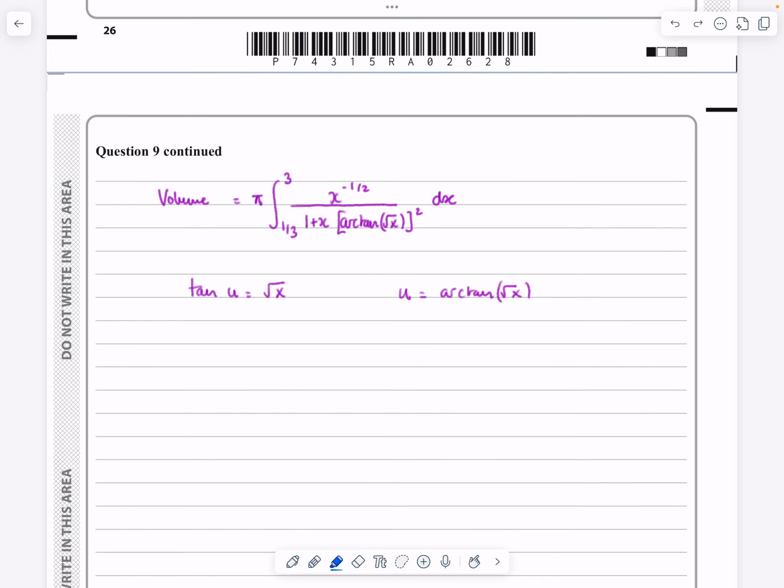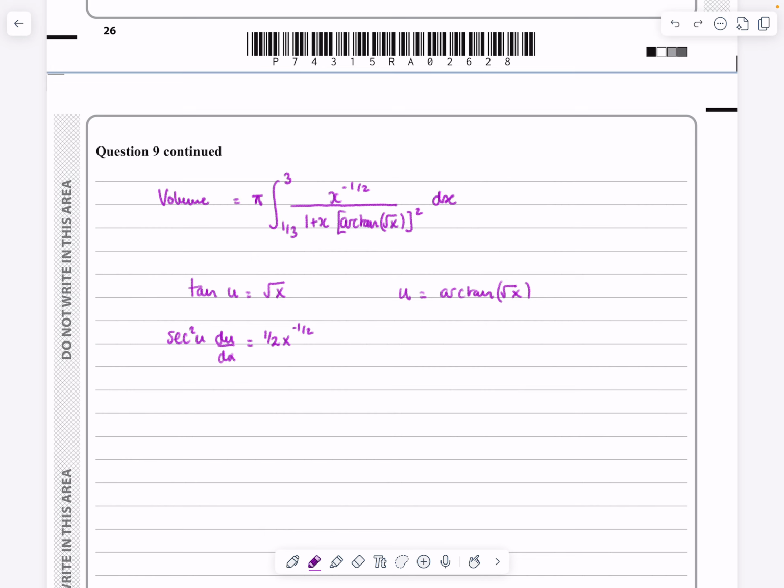This is not the easiest of substitutions here, so I'm just going to differentiate both sides with respect to x. So if I'm differentiating tan u, but differentiating it implicitly, the differential of tan is sec squared u, but it's sec squared u du by dx. And then differentiating x square root, or x to the half, is multiplied by the power, take 1 off the power, so we get that as being my sec squared u du by dx is equal to, what I'm going to do is get dx here, and replace this dx with that.